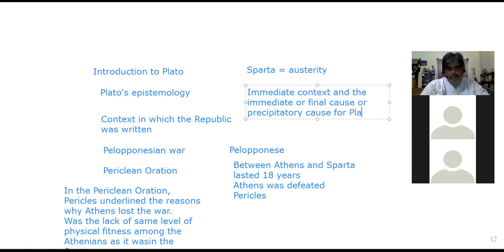For Plato, developing a proper, what should I say, a proper and contiguous system of philosophy.